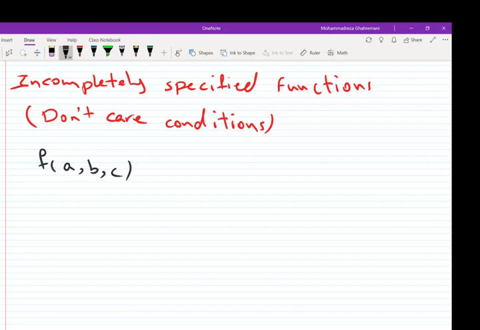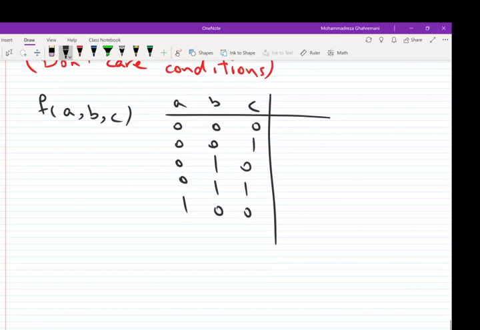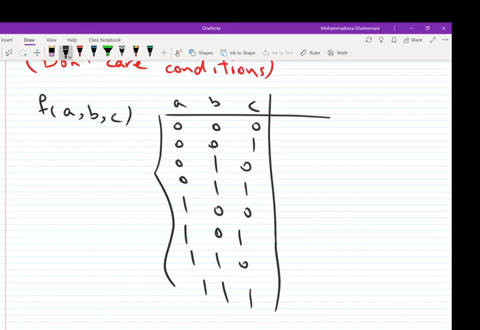For example, a, b, and c can be 0,0,0, 0,0,1, 0,1,0, 0,1,1, 1,0,0, 1,0,1, 1,1,0, and 1,1,1. These are all 8 different possible combinations of the inputs.